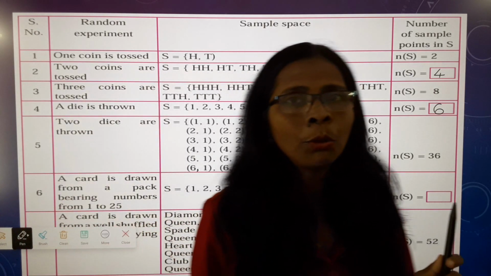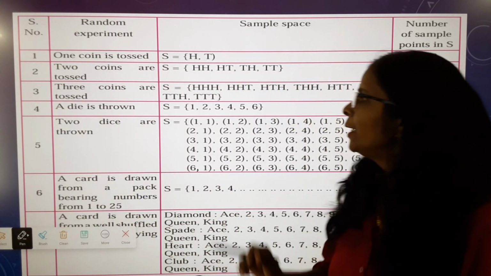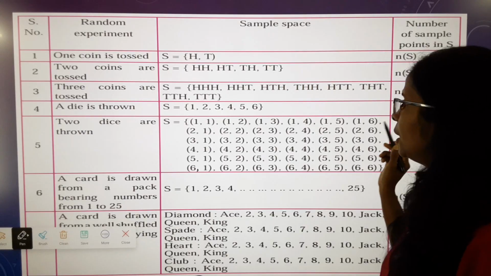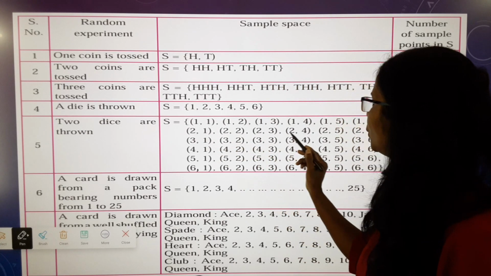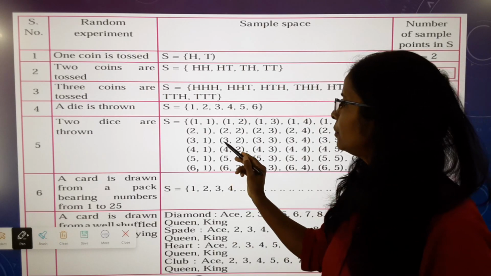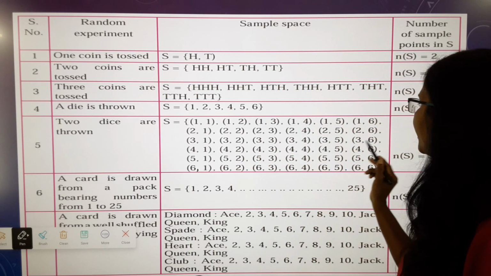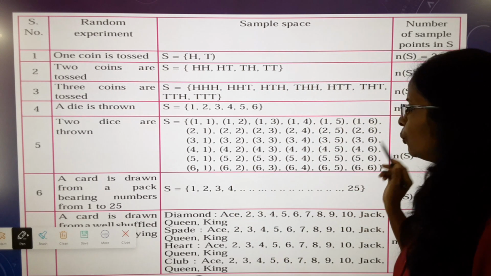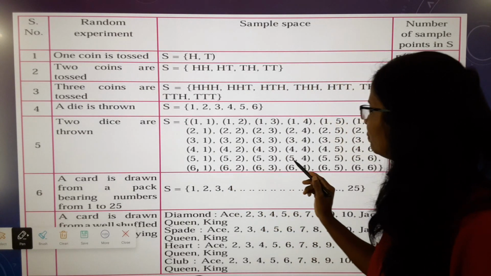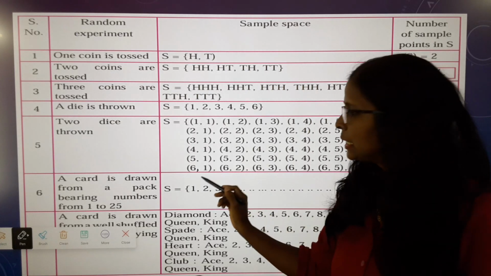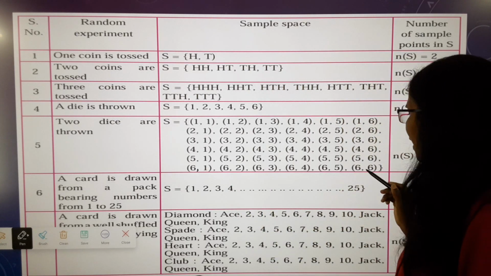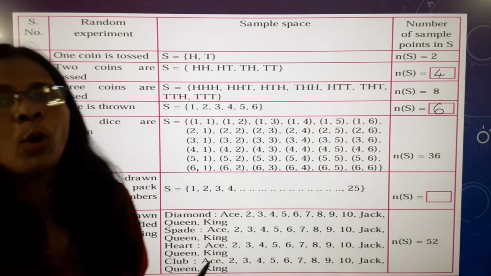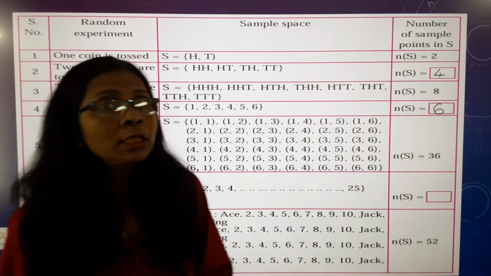The sample space S is (1,1), (1,2), (1,3), (1,4), (1,5), (1,6). Similarly (2,1), (2,2), (2,3), (2,4), (2,5), (2,6). Then (3,1) to (3,6), (4,1) to (4,6), (5,1) to (5,6), and (6,1), (6,2), (6,3), (6,4), (6,5), (6,6). So there are 36 sample points, and n(S) is equal to 36.